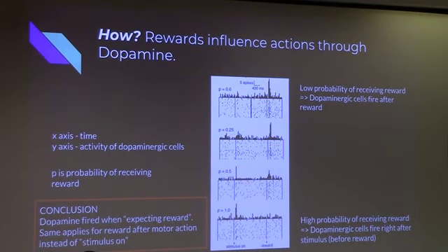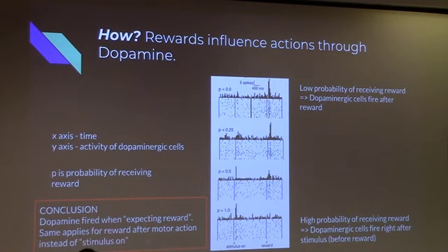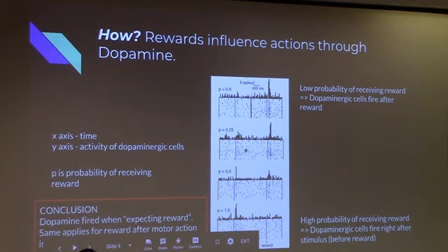Okay, so now we talk about specifically rewards. So how do rewards influence our actions? What is the regulator for that? The regulator for that is dopamine. And so dopamine is basically just a neurotransmitter. What you have in this experiment right here, which shows that dopamine is what's influencing rewards, is basically this kind of experiment where the x-axis here is just time.